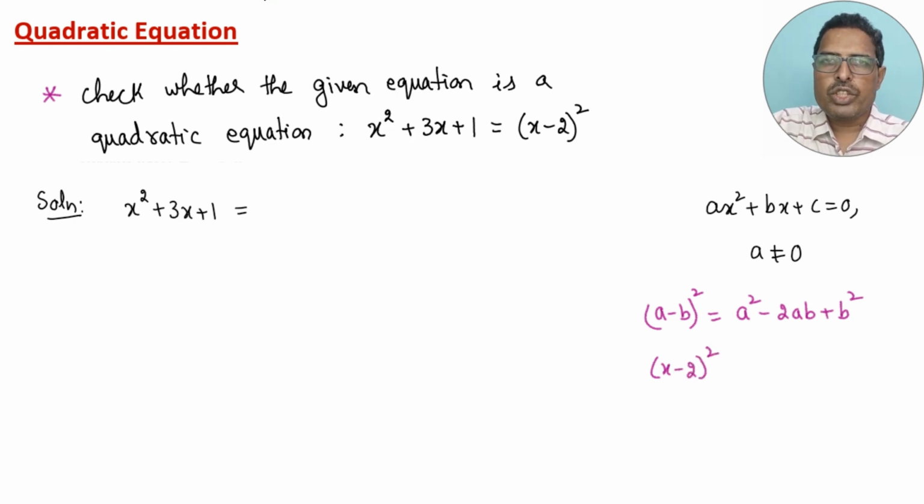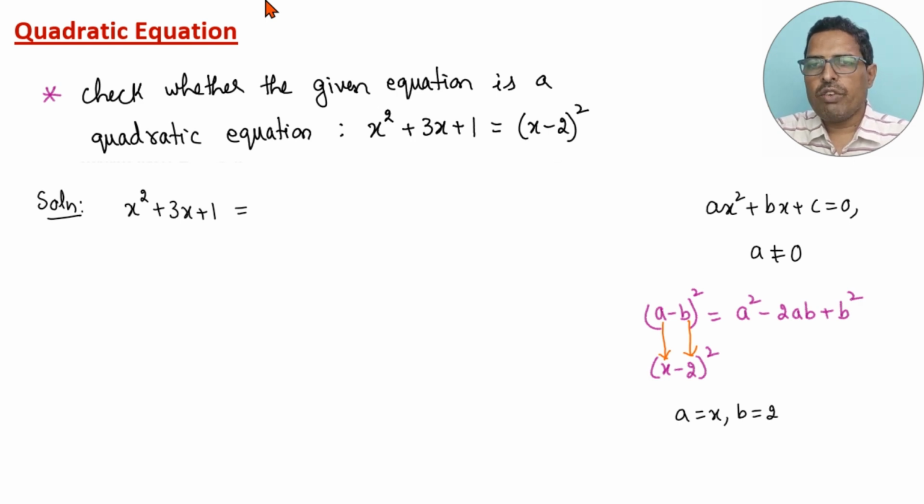So the value of a here is x and the value of b over here is 2. So let us take a to be x and b to be equal to 2 in this given equation. Therefore a minus b whole square becomes a square.